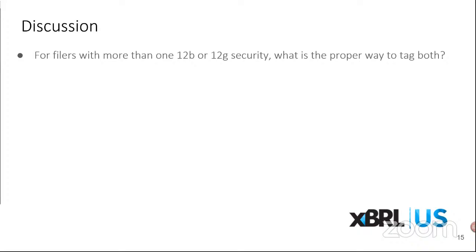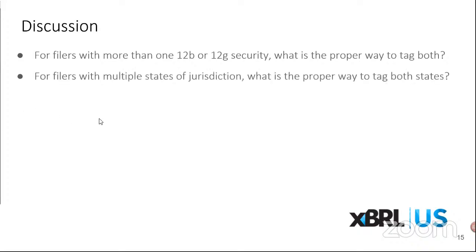Another one on the cover page. For filers with multiple states of jurisdiction, what's the proper way to tag one or more states? For a conglomerate entity where you have four or five members of a subsidiary's axis, each with separate reporting requirements and its own file number in a filing, filers can use the DEI tag, Legal Entity Axis.